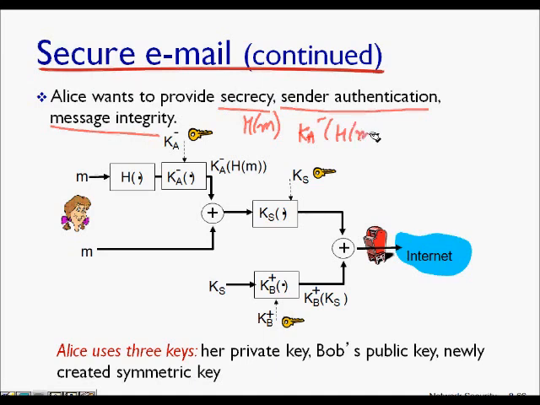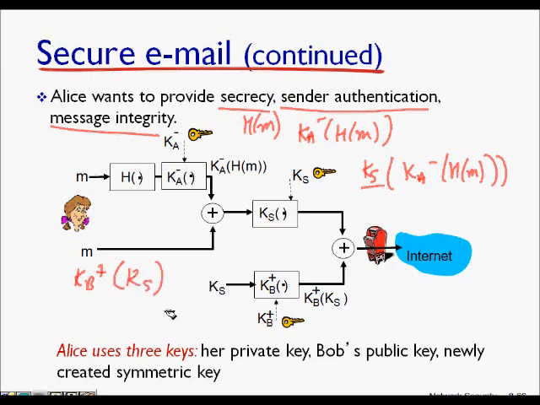Now she encrypts it with the secret key shared among them, so she applies Ks to Ka minus H of M. This is the shared symmetric key. But this symmetric key is not known to Bob, so she also adds the key, encrypted with the public key of Bob, and only Bob can decrypt Ks.